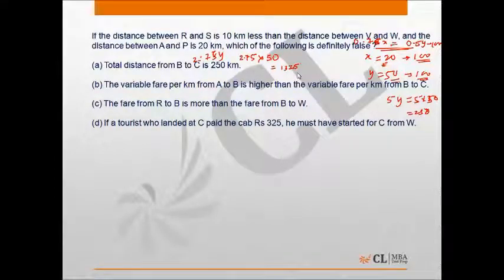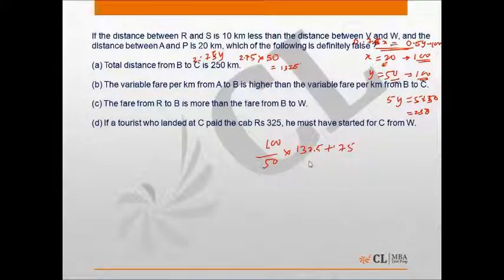We know that the cost of traveling every 50 kilometers between B and C is rupees 100. So the variable cost of traveling 137.5 kilometers will be 100 upon 50 into 137.5, plus the fixed cost, which is 75.